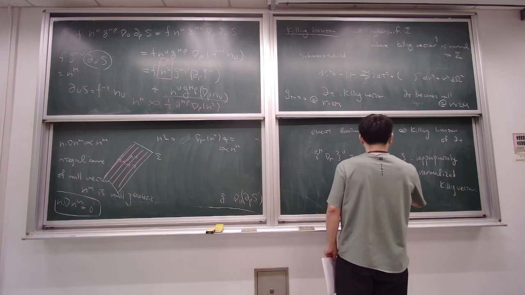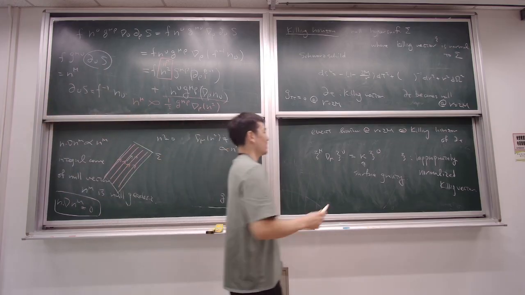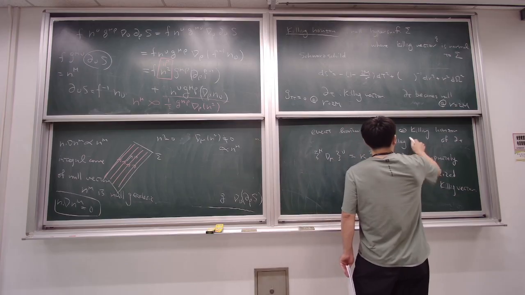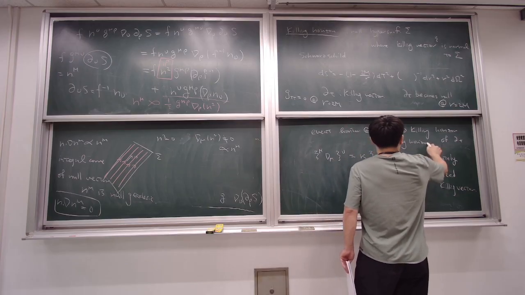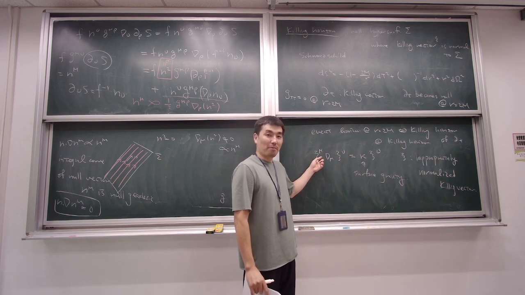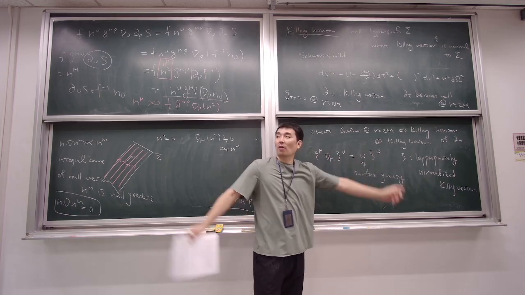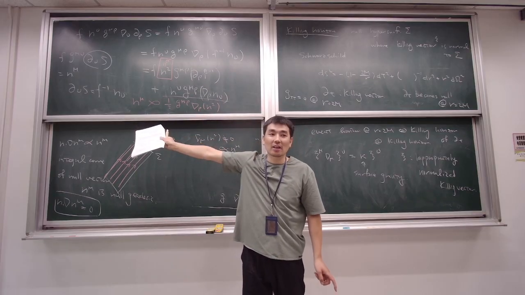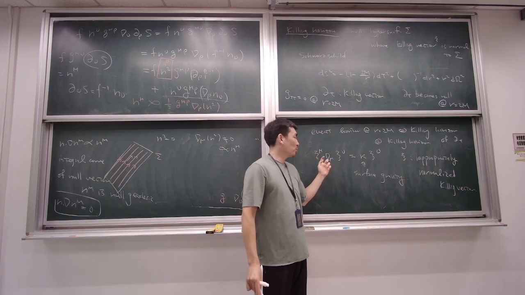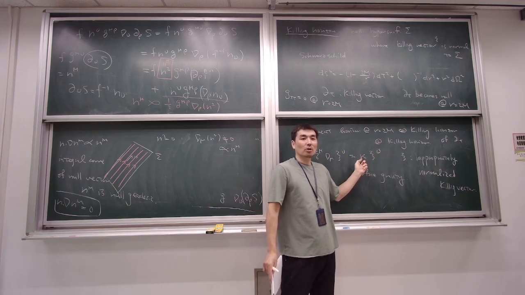At the Killing horizon, at this null hypersurface, this derivative is proportional to ξ^ν, which we already derived, and the proportionality constant is called surface gravity.